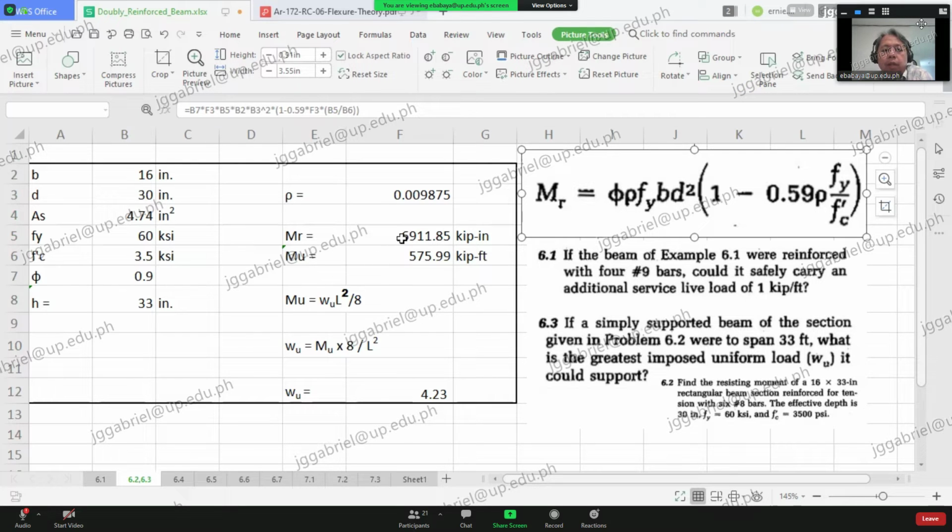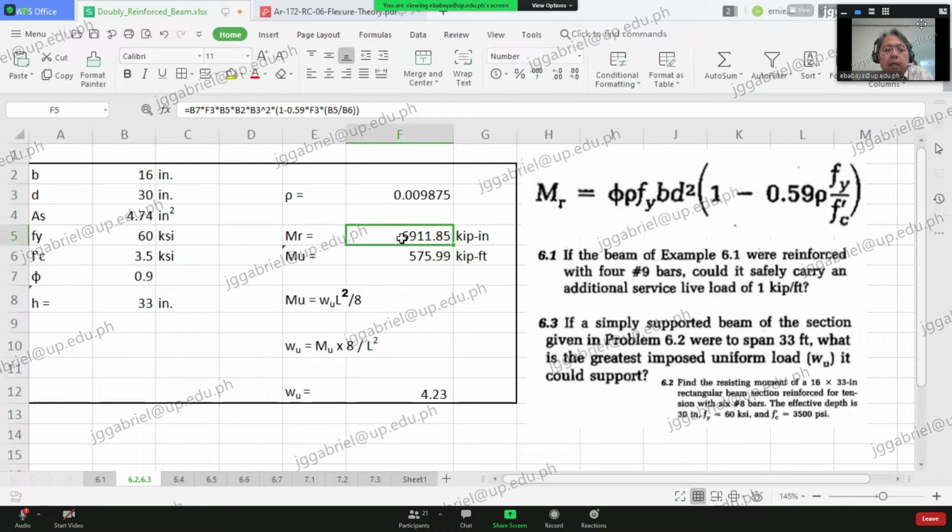So, you now have MR, the resisting moment. To express that in kip foot, you divide that by 12, and you have 575.99 kip foot.